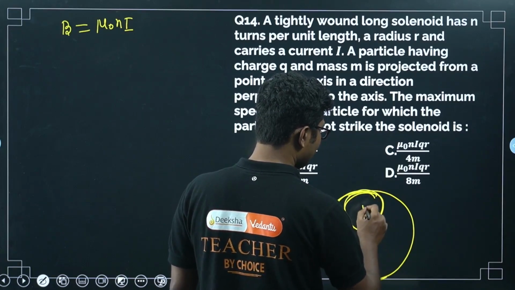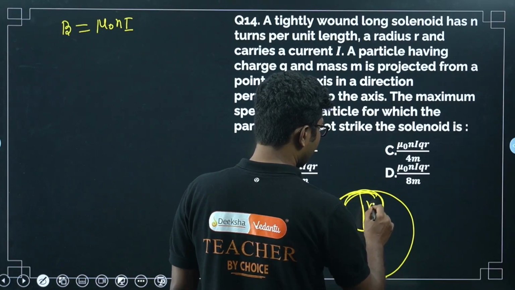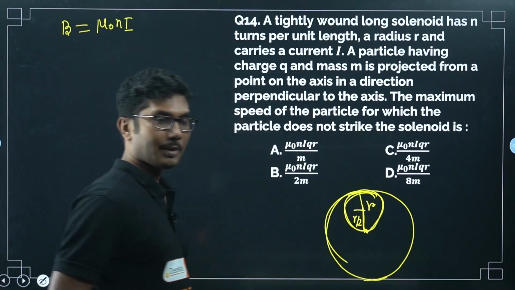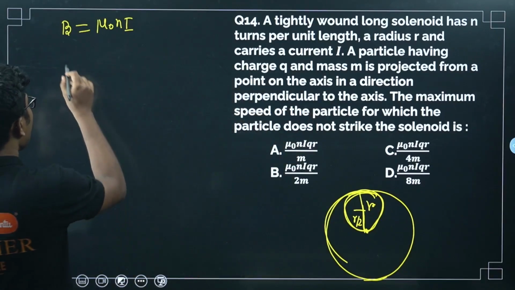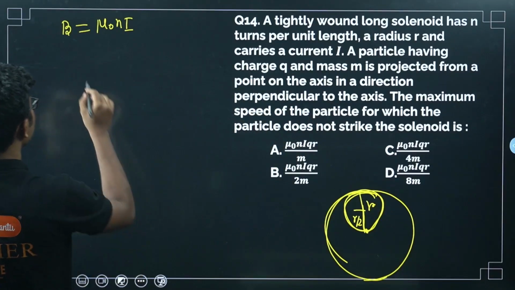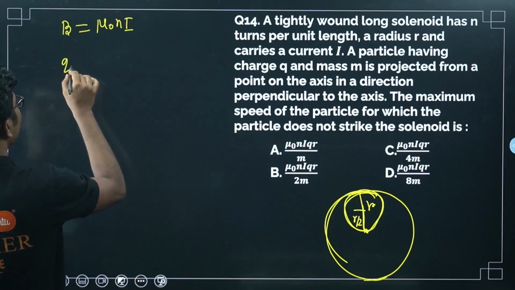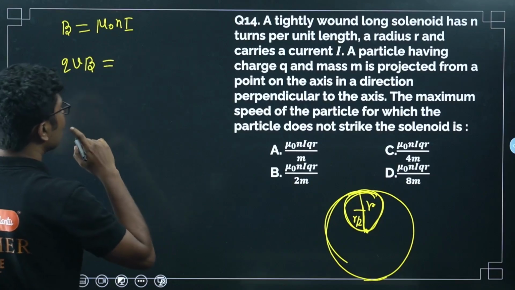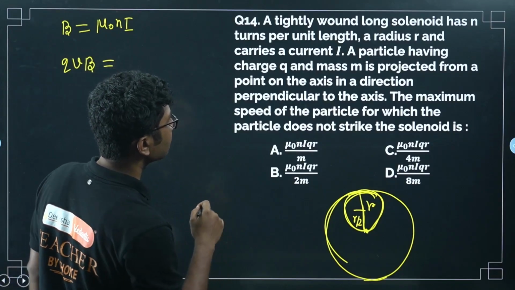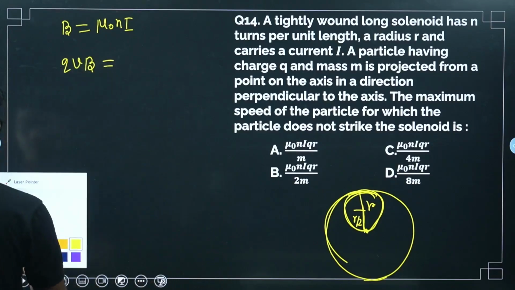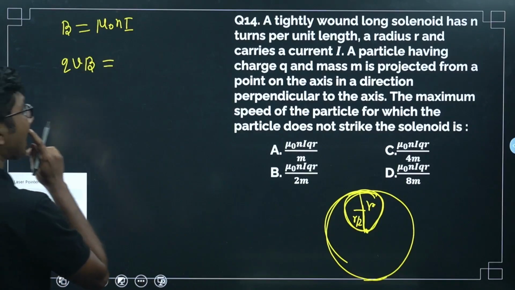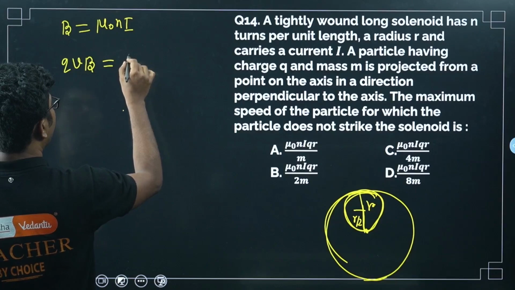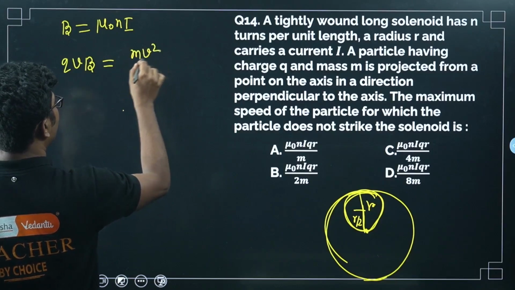So the maximum, this is the diameter. This is the diameter, means what is the radius? Radius should be r by 2. So r by 2 is the radius. Now we know that the force acting on that charge is given by QVB, that should be equal to, sorry, not QVB, QVB equals to mv square by r, right?